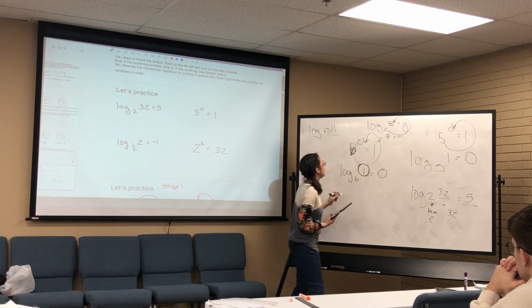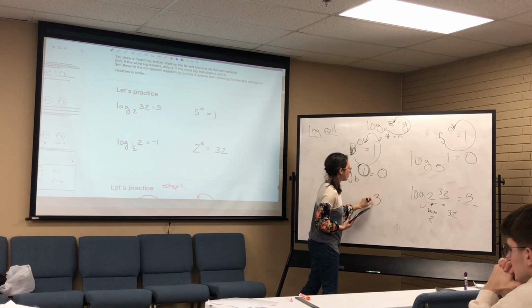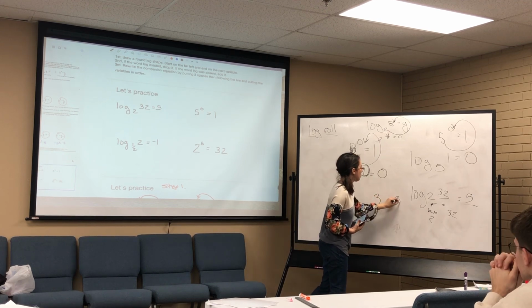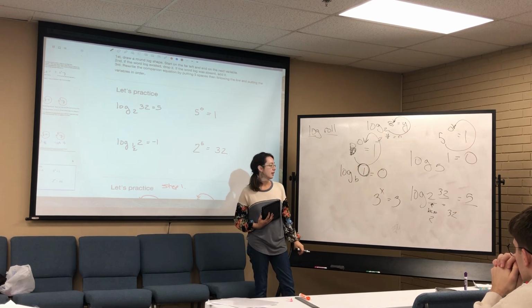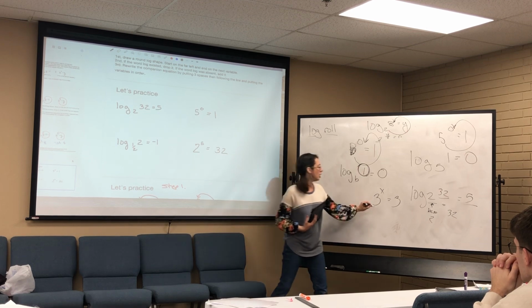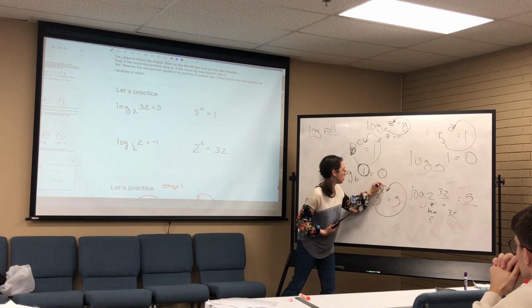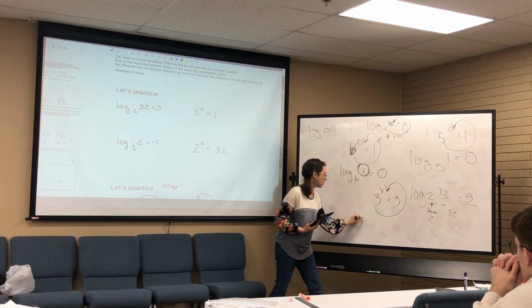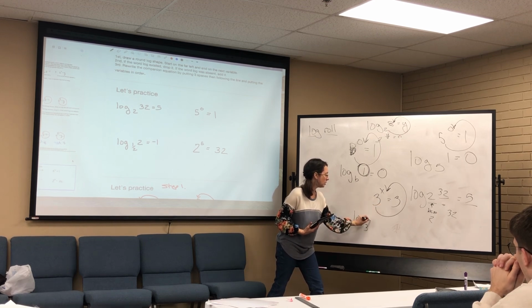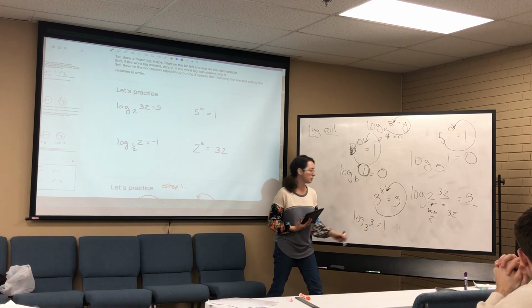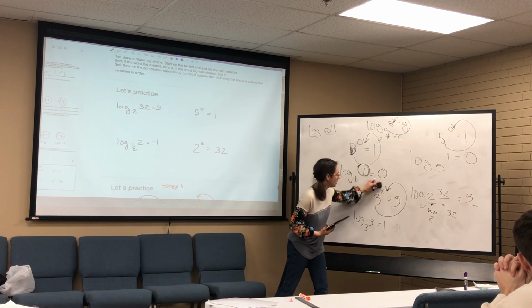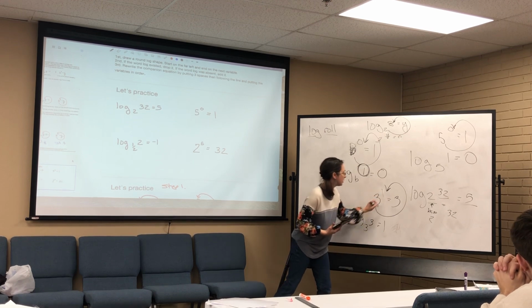Okay, what if I had 3 to the x equals 3? X would have to equal what? X would have to equal 1. So if I wrote that with log roll, I would say log 3, next number I come to, 3 equals x. We know it's actually a 1, right?